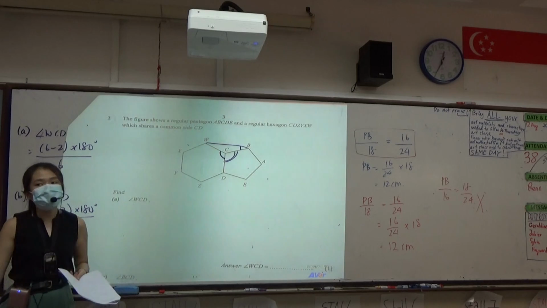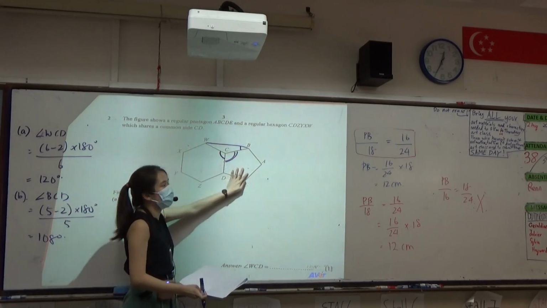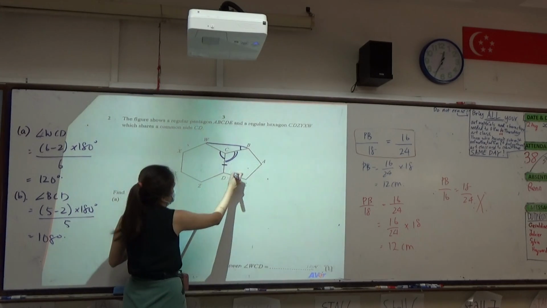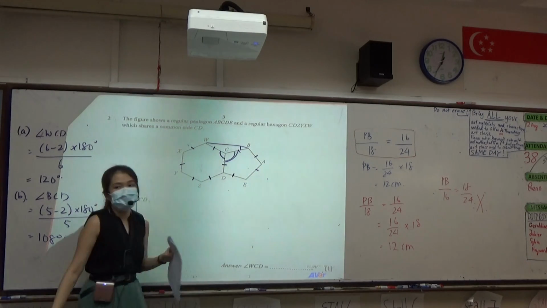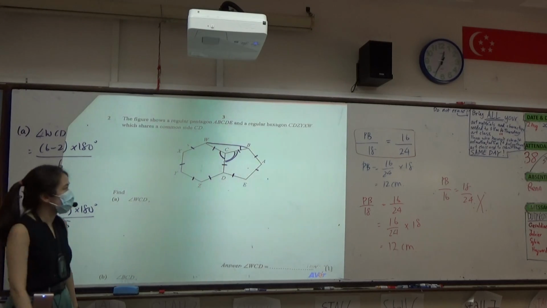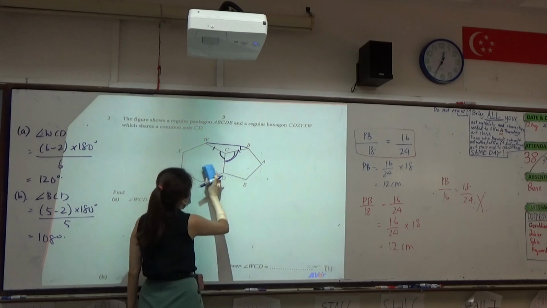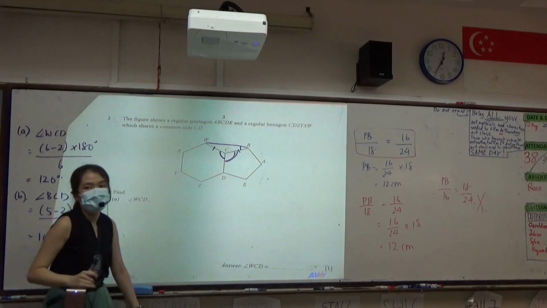In order to do that, we notice that it is a regular hexagon and a regular pentagon for both. That means that all the sides are the same, for both of the polygons. If I were to just focus on this section here, I am looking at an isosceles triangle.